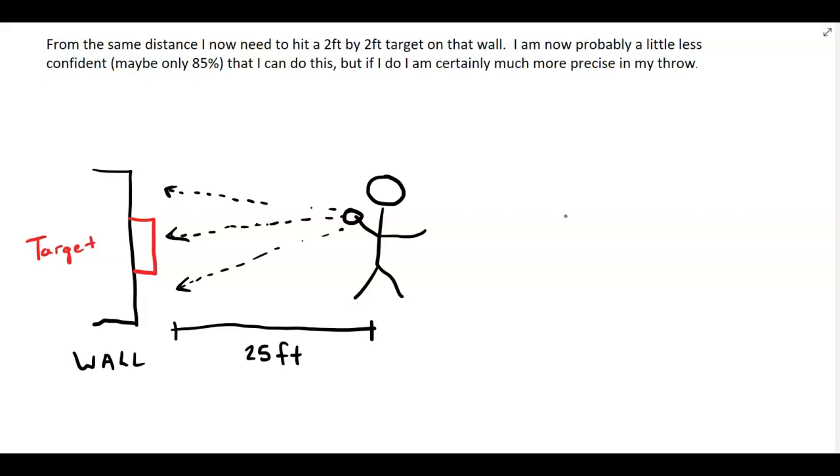But if I do throw this ball from 25 feet and hit the target, I'm very precise. Not only do I have to hit the wall, but I have to hit a specific target on that wall.